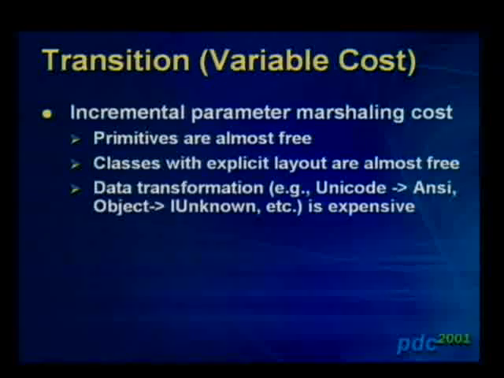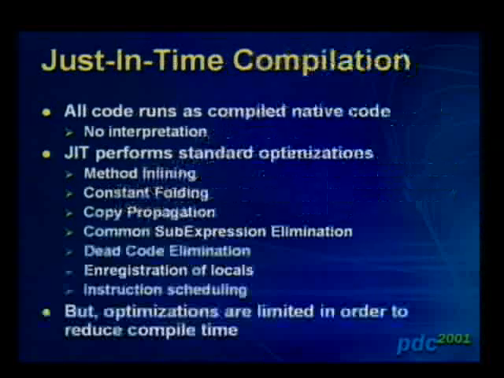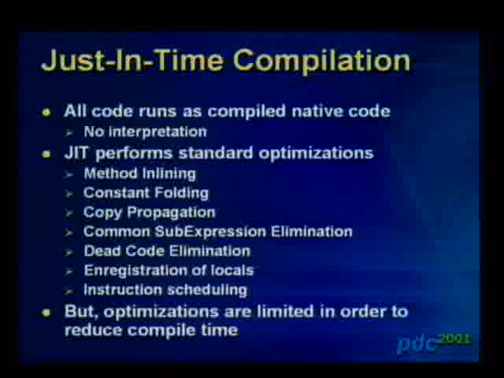What that implies is that it really depends on the variants and BSTRs, and it could be on the order of hundreds of instructions based on what you're marshalling across the boundary, especially if you have to do data transformation from ANSI to Unicode to ANSI and so on. So keep that in mind in making managed-unmanaged calls, and try to make a call that is worthwhile.